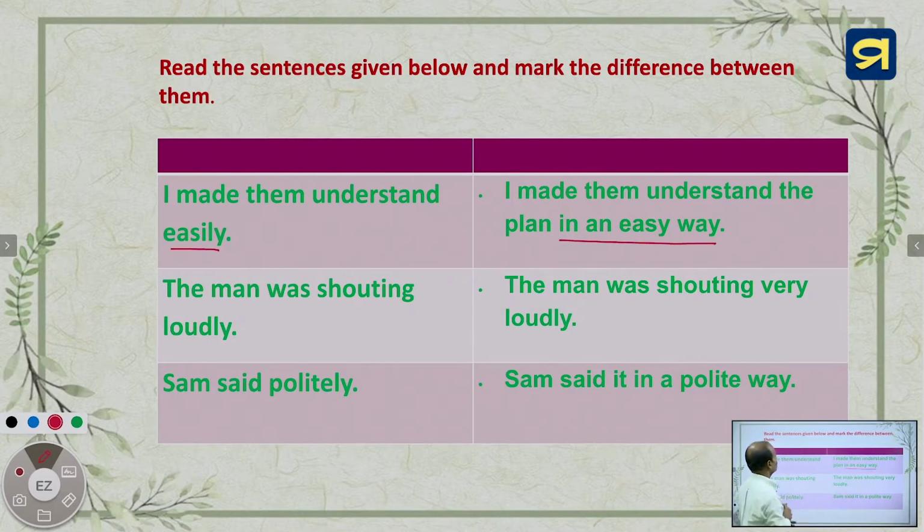So, see the difference between the sentences given here. The second one, the man was shouting loudly. The man was shouting very loudly. Third one, Sam said politely. Sam said it in a polite way.